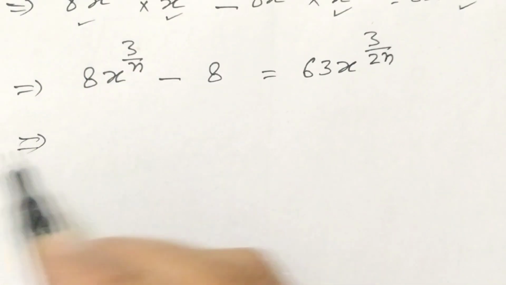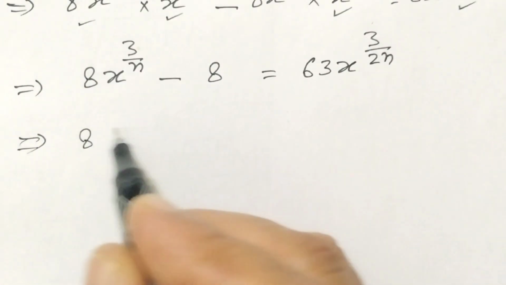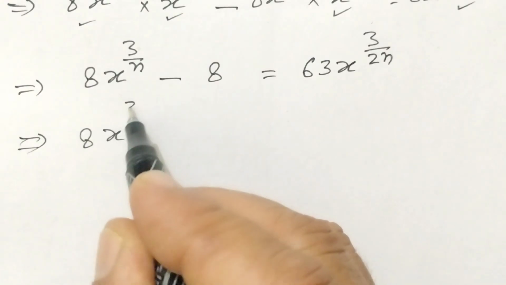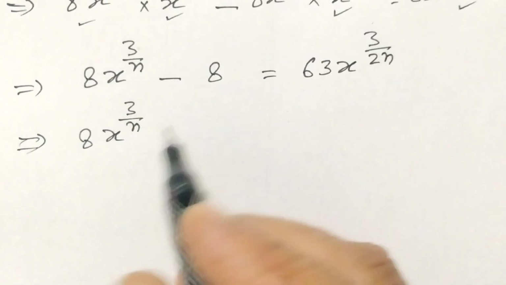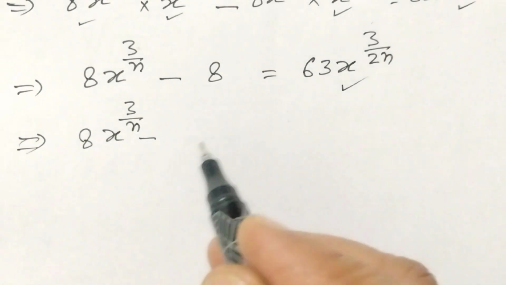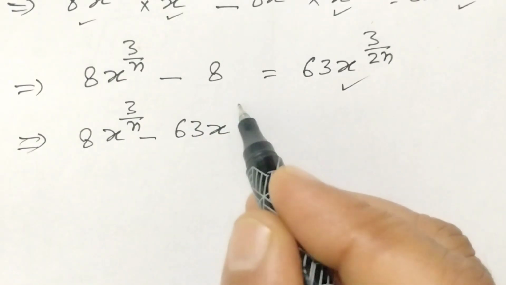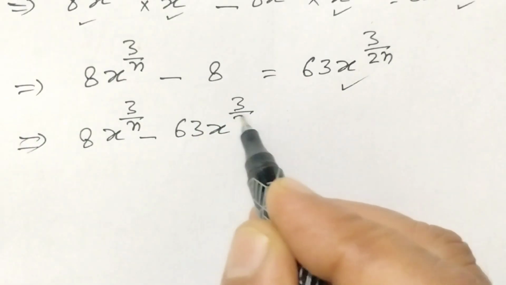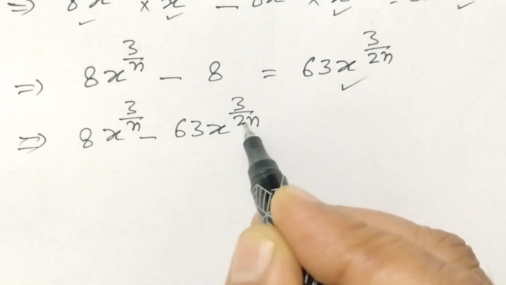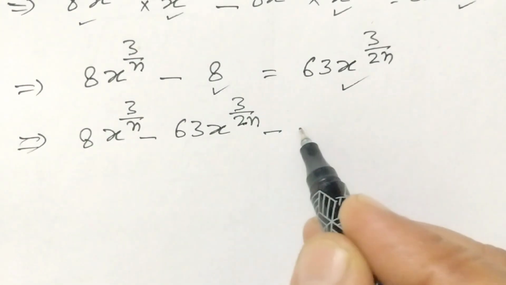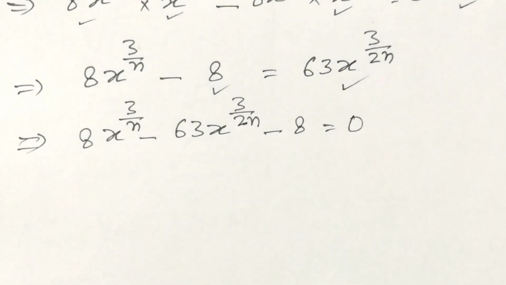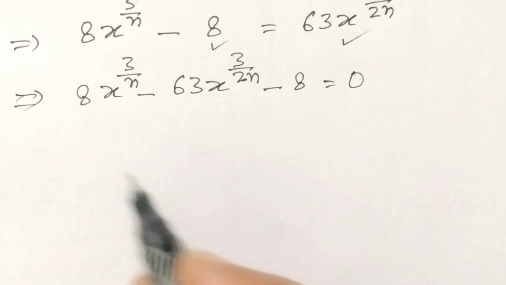If we rearrange the equation: 8x^(3/n) minus 63x^(3/2n) minus 8 is equal to 0. Fine.